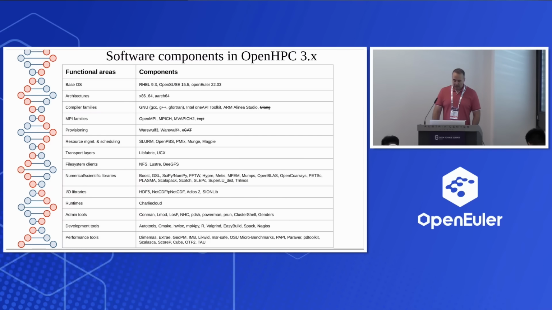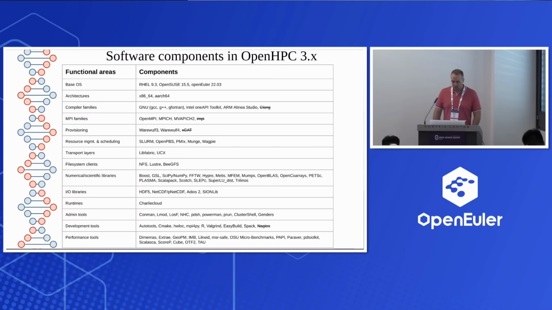Resource management and scheduling. Slurm is the most common solution here. We support it. In addition to it, we also support OpenPBS and a few others. Usually the compute nodes use a network file system, so any input and output that they have to use is on the network file system.